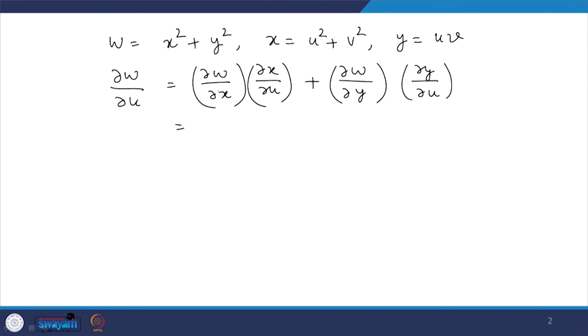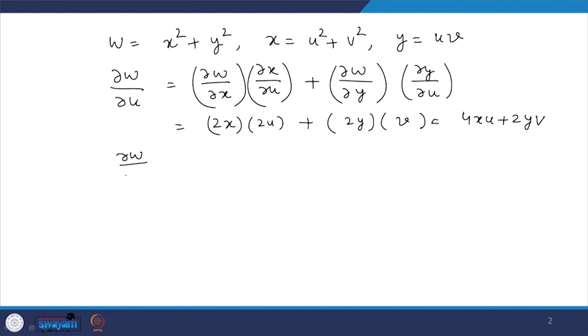Del w upon del x is 2x, del x upon del u is 2u, plus del w upon del y is 2y, and del y upon del u is v. So, this is 4xu plus 2yv.